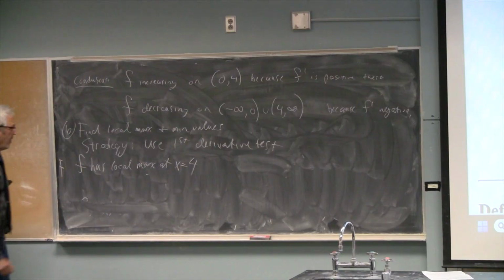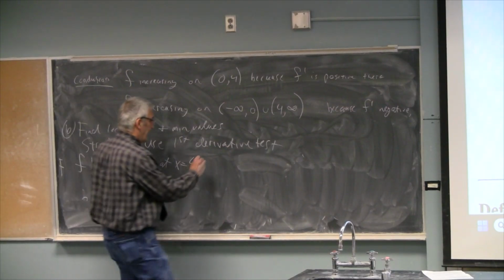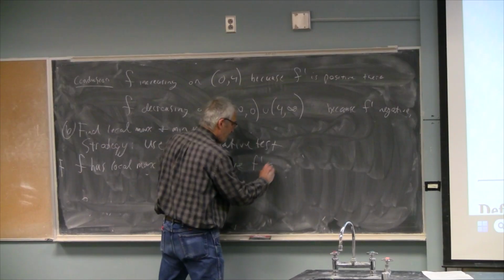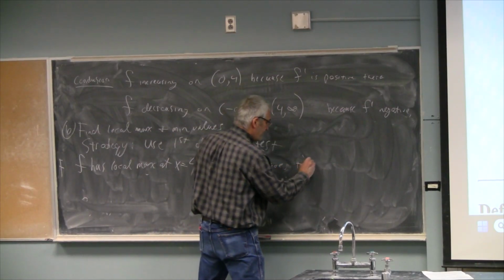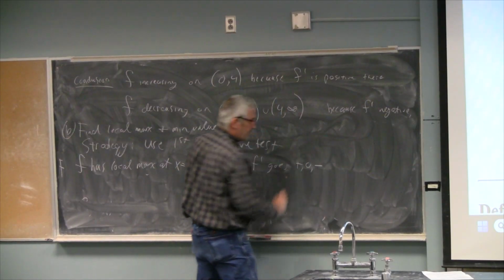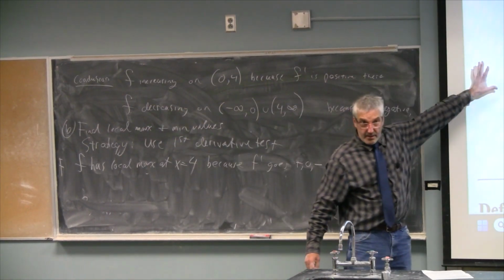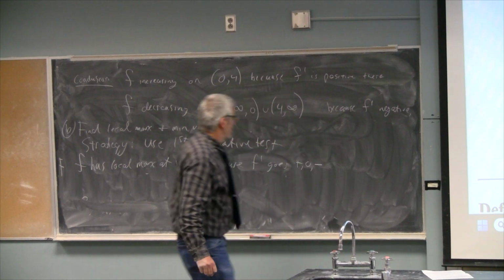As always, I like to write a conclusion that says why. f has a local max at x equals 4, and that's because f prime goes positive to 0 to negative. According to the first derivative test, if f prime does that, then f has a local max.